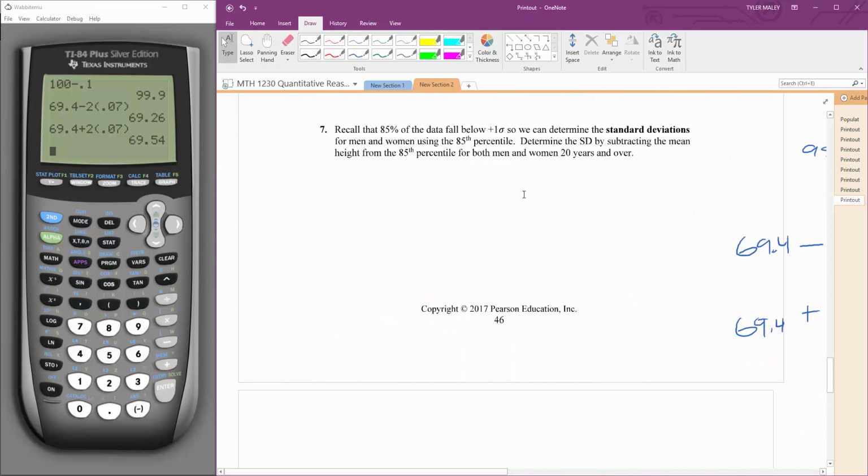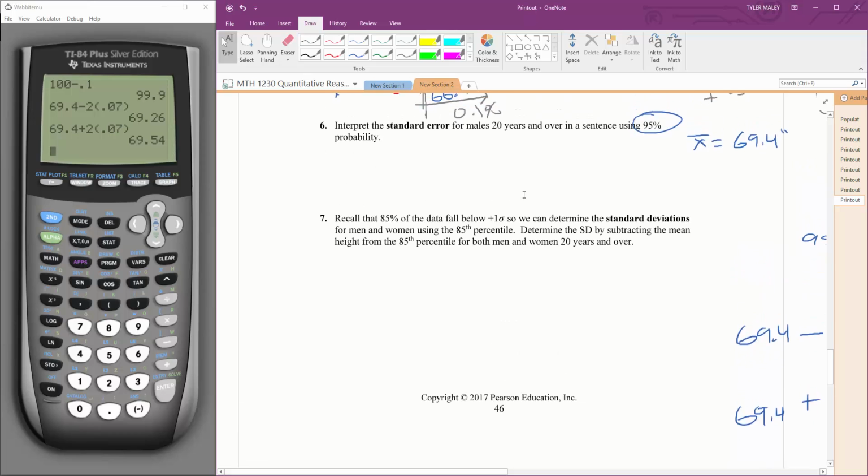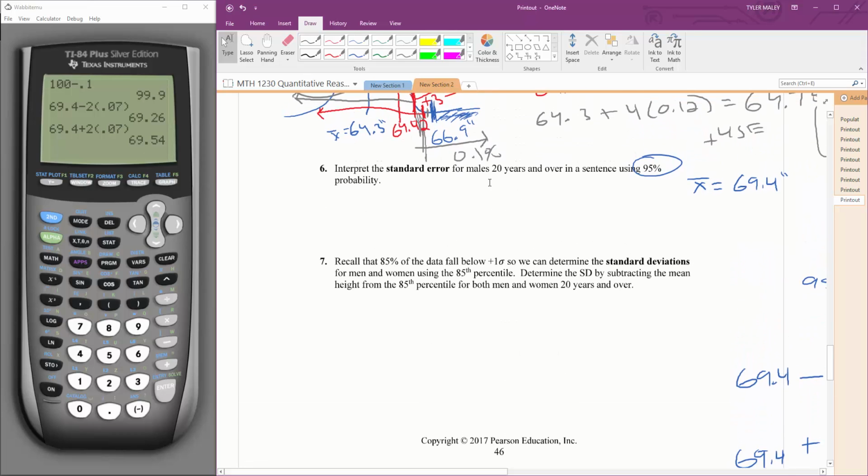So this is also referred to as the 95% confidence interval. We are 95% confident that our mean will fall within this. So I'm just going to make a note: this is also called finding the 95% confidence interval.